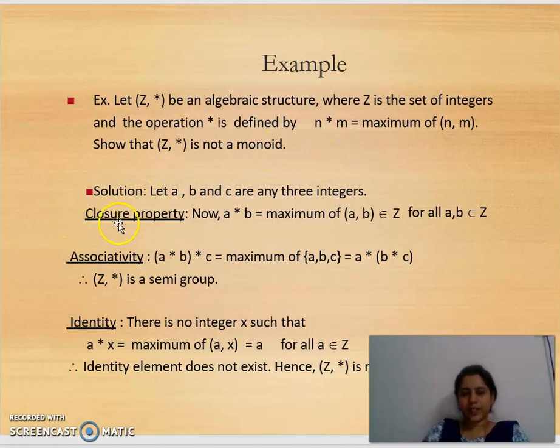So first check whether it's satisfying the closure property, associative property and the identity element. Closure property: a * b means maximum of (a, b). Either you'll get the a element or the b element.